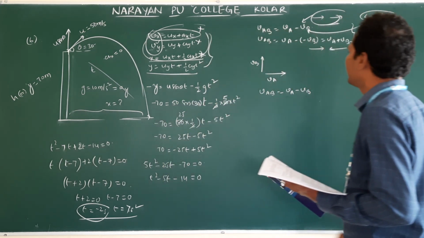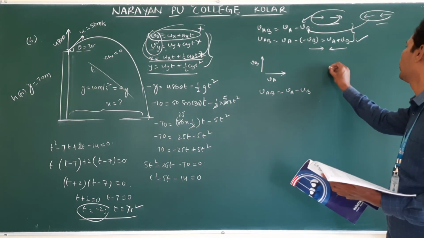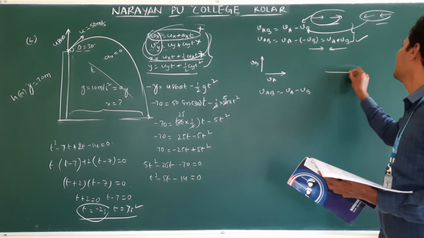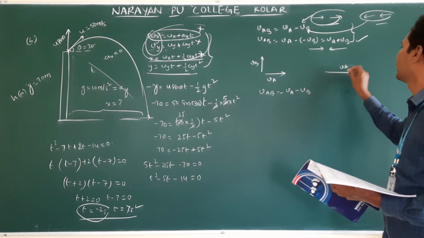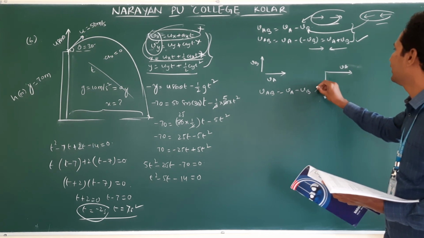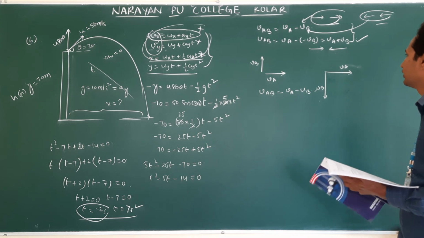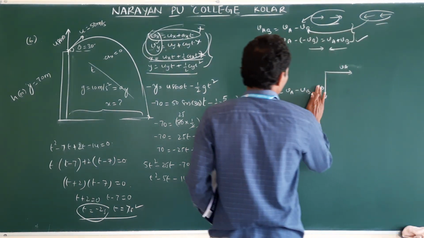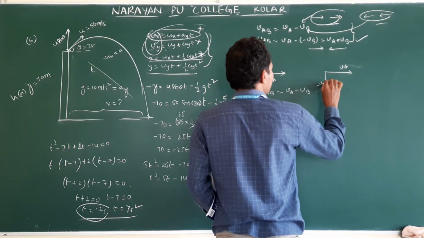To find VA minus VB, this is the VA vector. This is minus VB. Am I correct? Clear? This is minus VB.